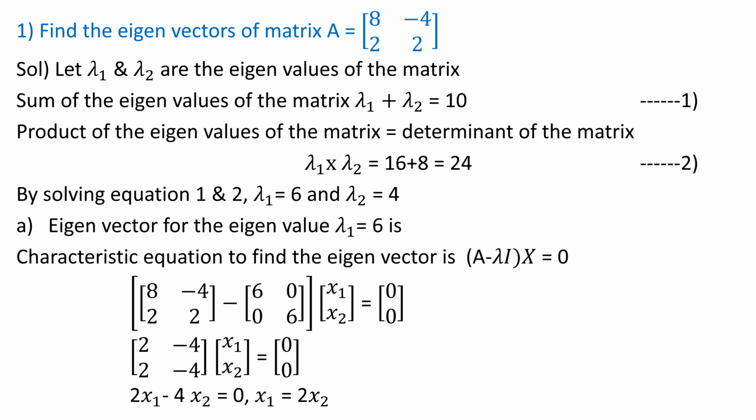Now let us find the eigenvector of the matrix for the eigenvalue lambda 1 is equal to 6. The characteristic equation to find the eigenvectors is (A minus lambda I) into x is equal to 0.